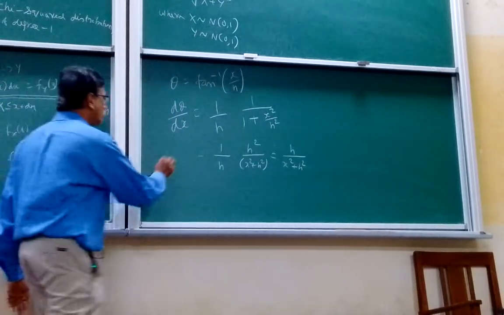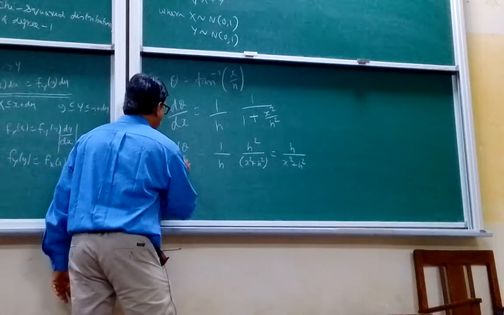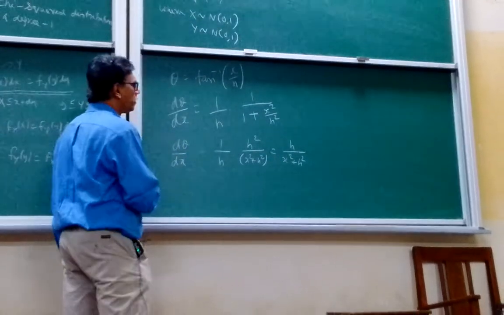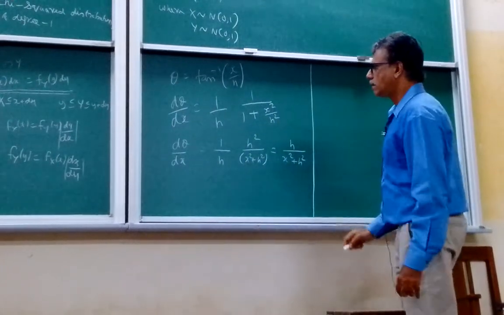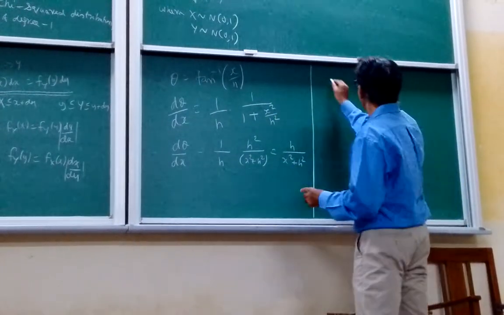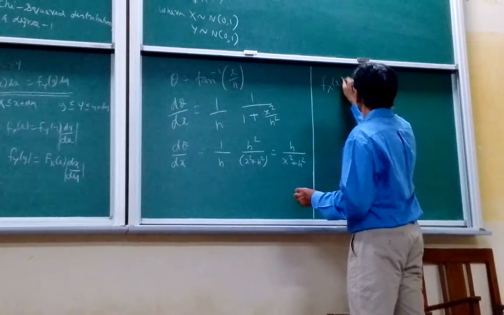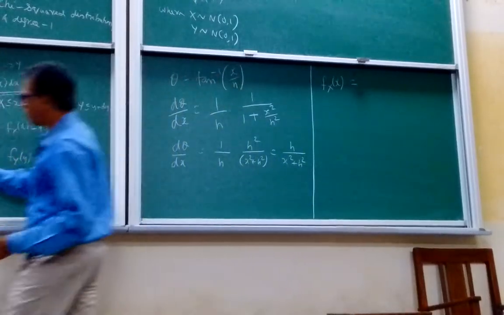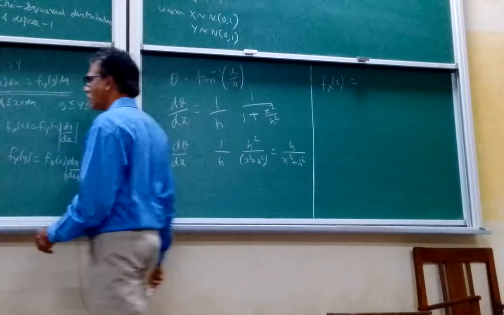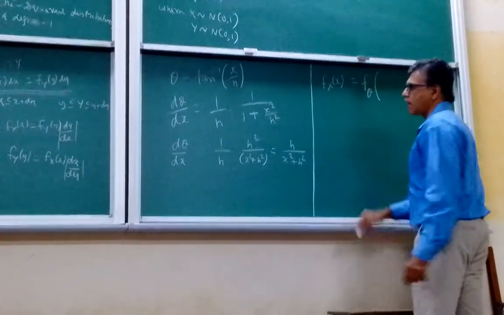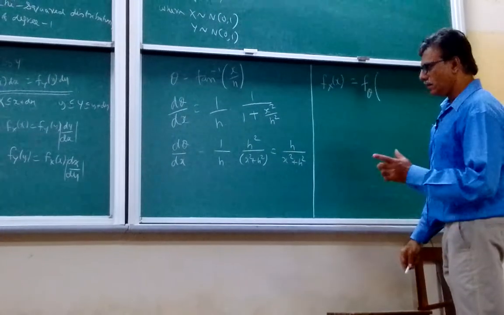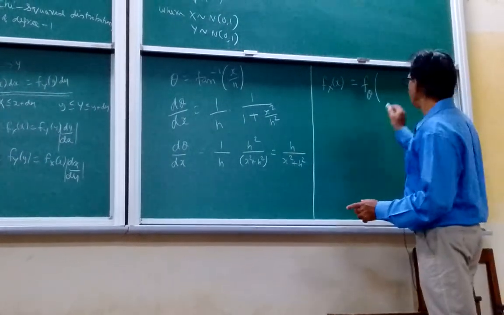Okay, so we have got this. Then what you have to do? So this we are going to evaluate: f theta at tan inverse of x by h.